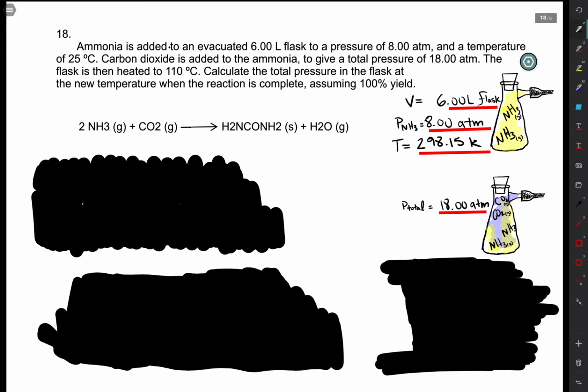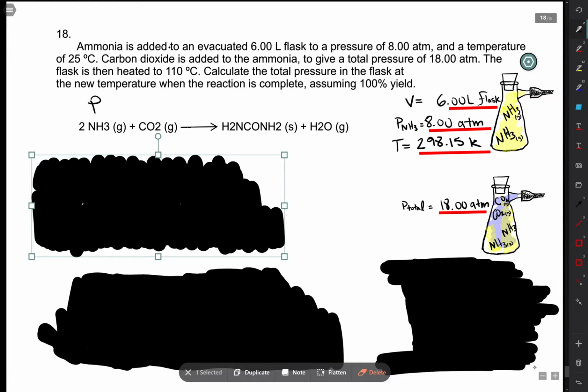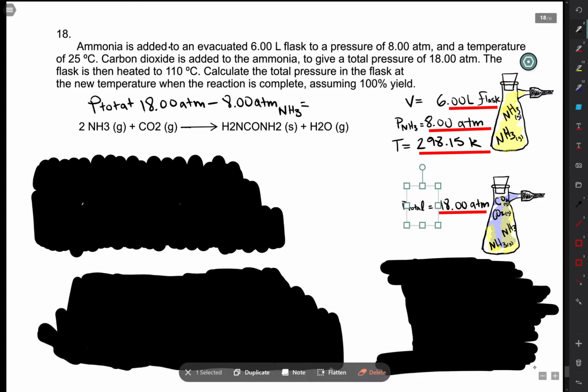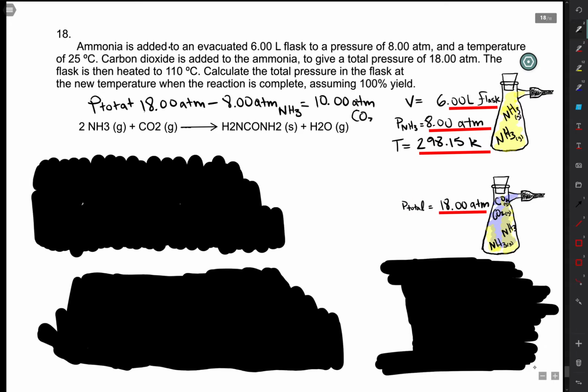Now, if we take the total pressure at 18.00 atmosphere, and we subtract the 8.00 atmosphere pressure of ammonia, we get the difference, which would be 10.00 atmospheric pressure of carbon dioxide.